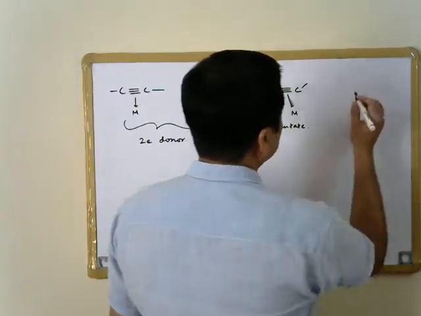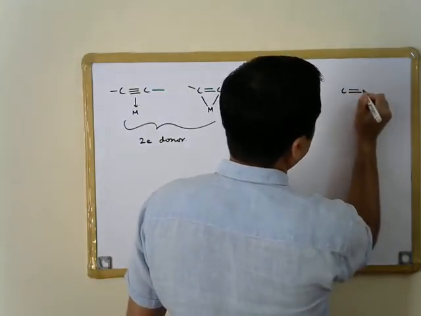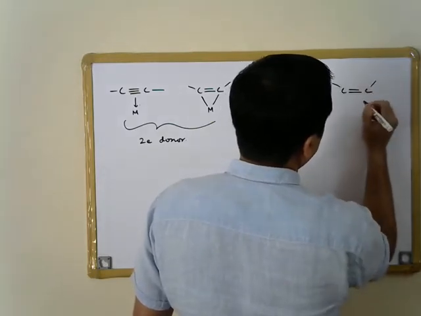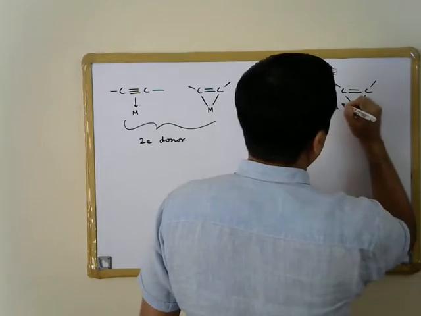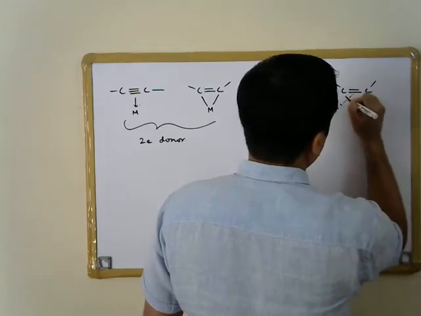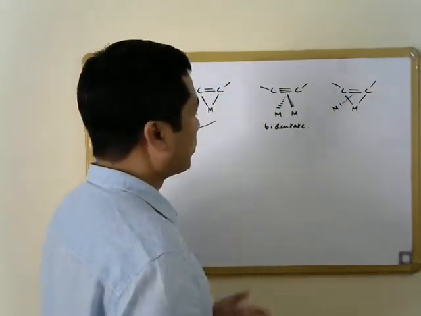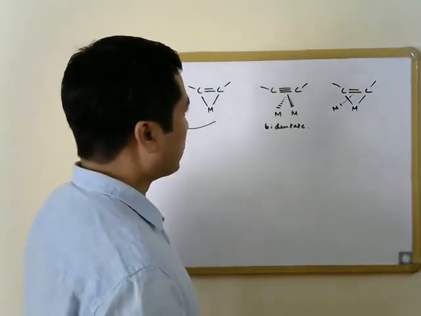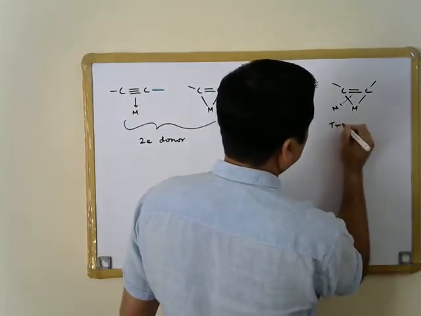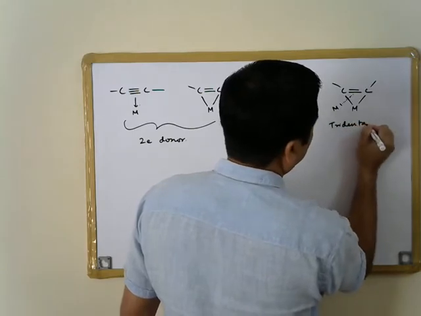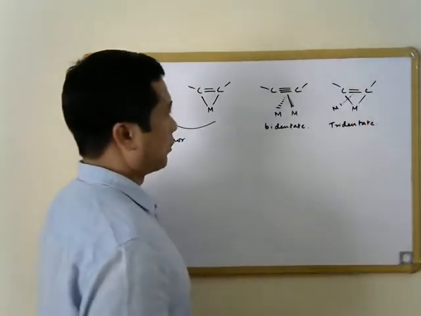Now we can also bridge metal centers with this sort of binding mode, where the two metal centers are bridged in this fashion. This is a tridentate binding mode.